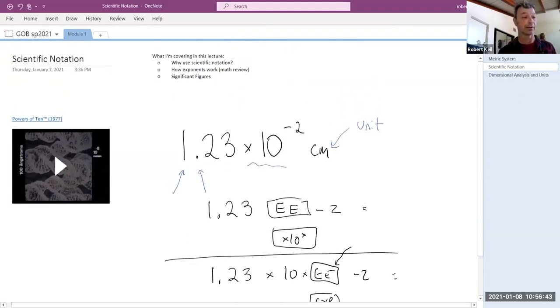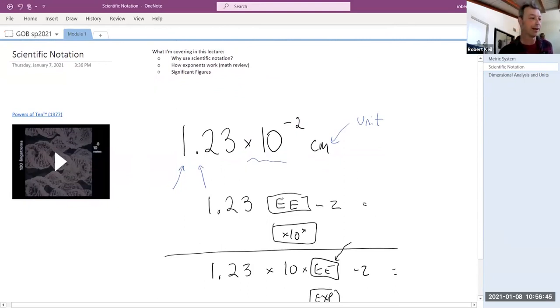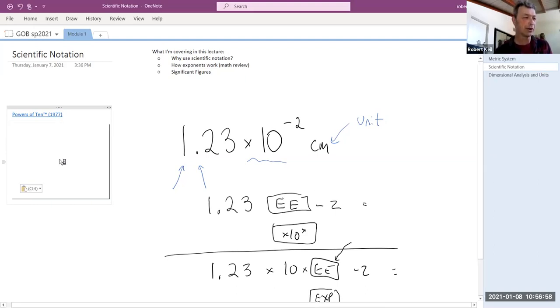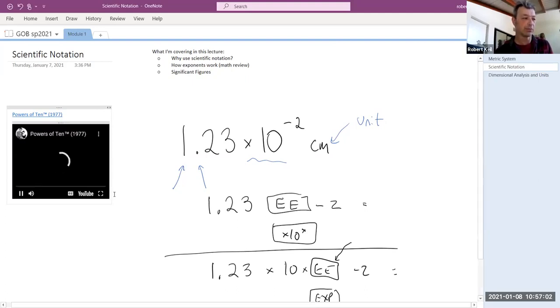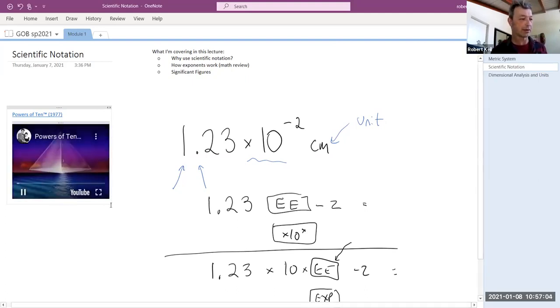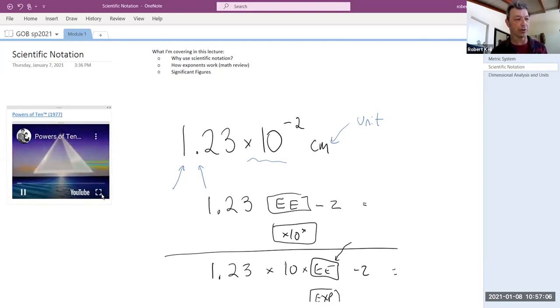Before I go on, there's a totally fun optional video called Powers of 10, 1977. There's a newer version. Don't look at the newer version. The older version is actually better, although the graphics are worse. It's a really weird little video, about five minutes long, and it's got this wonderfully old graphics.